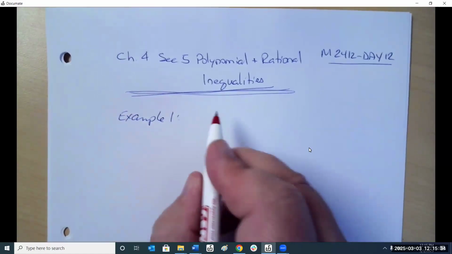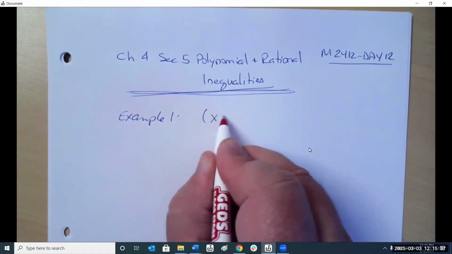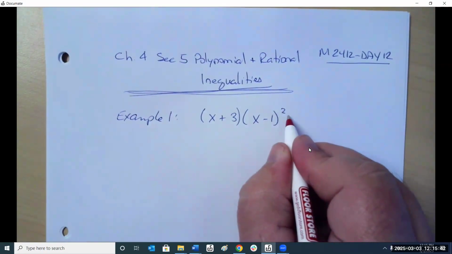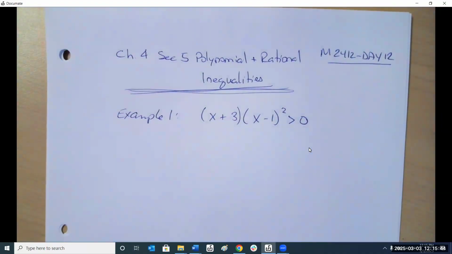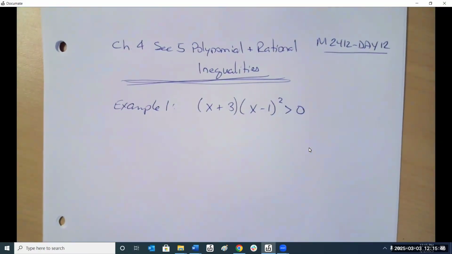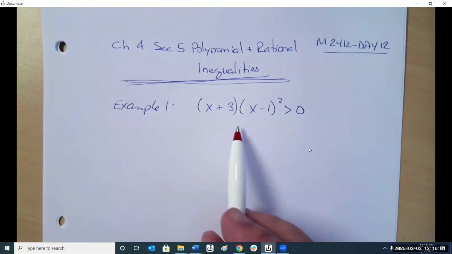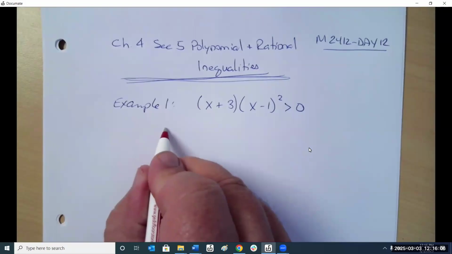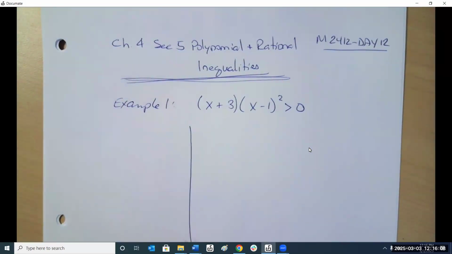For example, if I gave you this, if I asked you that, how would you graph it? That inequality is something. And then that's how we graph it. And then, okay, so when we graph it, what all do we get?